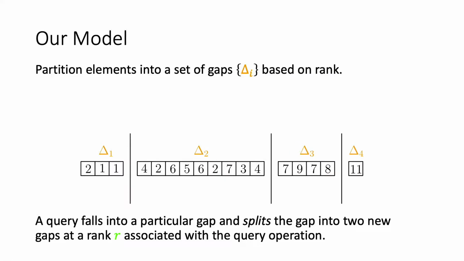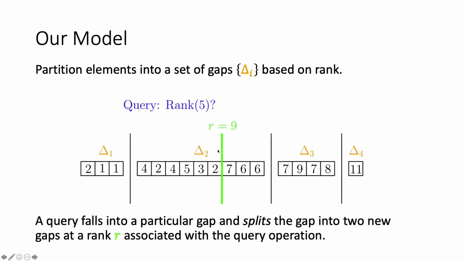And now we can consider how a query should work. It's similar to multiple selection, but a bit of a generalization. If we have a query, it's going to fall in a particular gap, and we'll split the gap into two new gaps at a rank R that we will associate with the query operation. So we'll do an example here. If we're querying for the rank of 5 in our data set, we're going to associate the rank 9 with this operation, and that's actually the answer to the query.